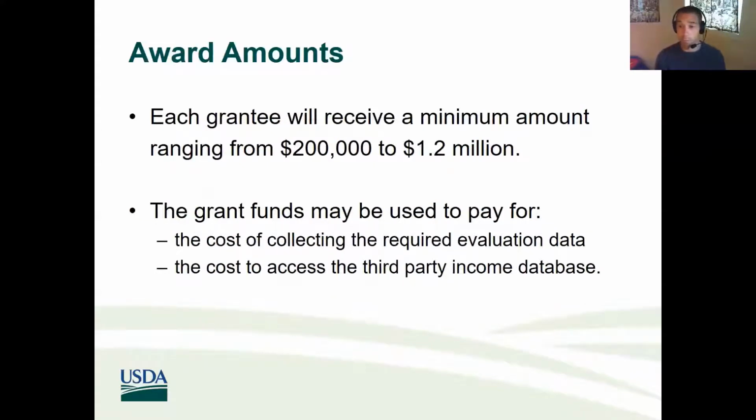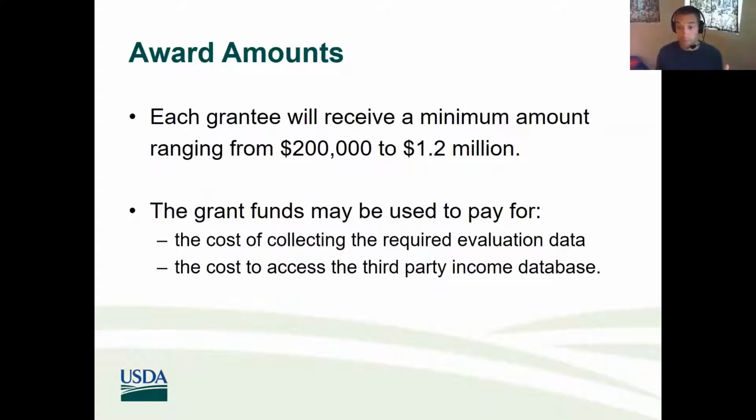In terms of award amounts, as stated in the announcement letter, which of course is posted on our website and went out March 22nd, a few weeks ago, each grantee will receive a minimum amount. We announced the minimum amounts, and our purpose in doing so was, from a state perspective, we imagined that can help in terms of planning, in terms of understanding what's actually out there in terms of funding. And so the amounts would range from $200,000 to $1.2 million.